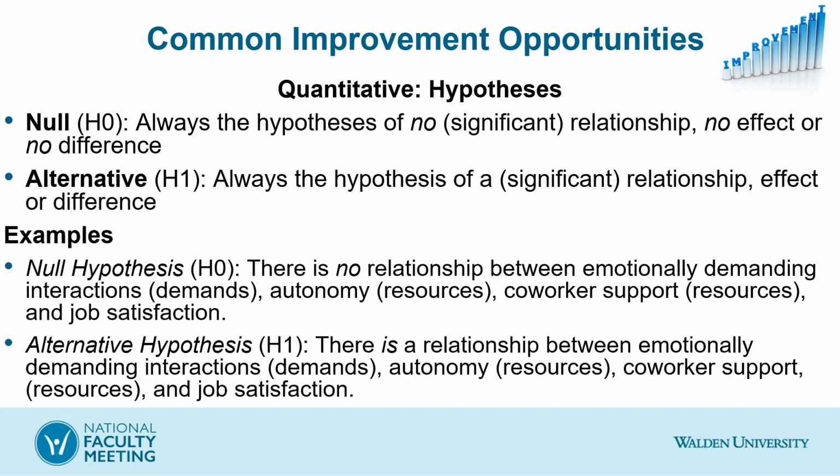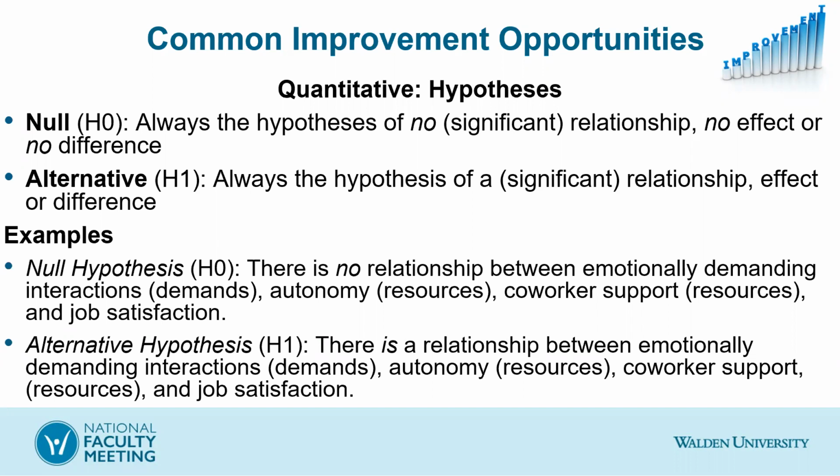Okay, right here, the hypotheses, we have two. We have our null hypothesis, which means no or not, and our alternate, which should align with the research that we're conducting. The hypothesis of no significant relationship aligns with correlational design, no effect aligns with experimental, and no difference aligns with causal comparative. And the alternate hypothesis always is there is a significant relationship, effect, or difference.